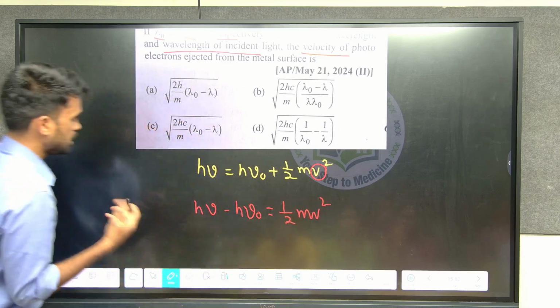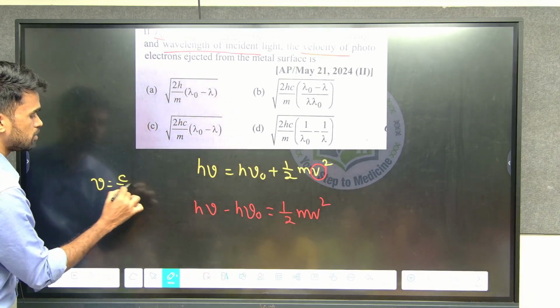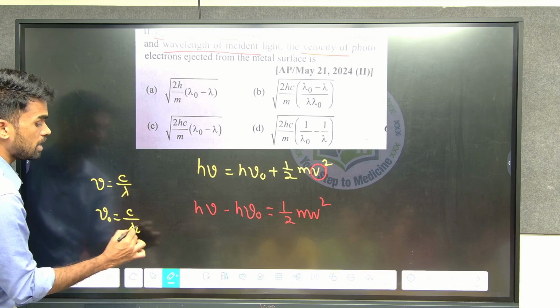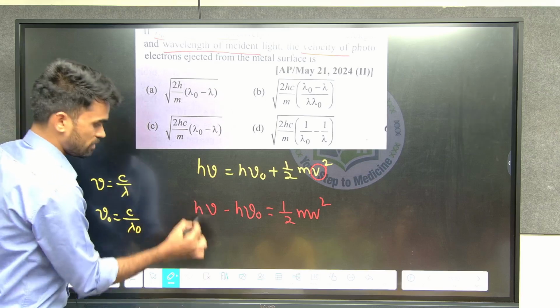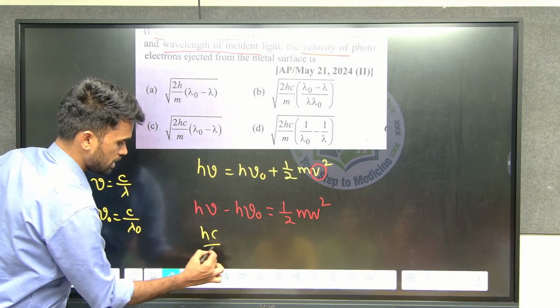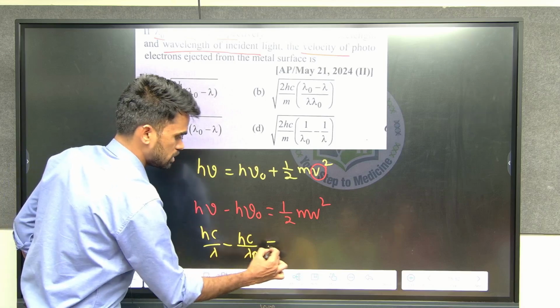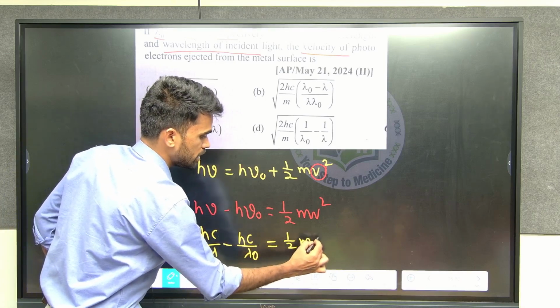See, nu means c by lambda. Similarly, nu naught means c by lambda naught. So wherever I have this, hc by lambda minus hc by lambda naught equals half mv square.